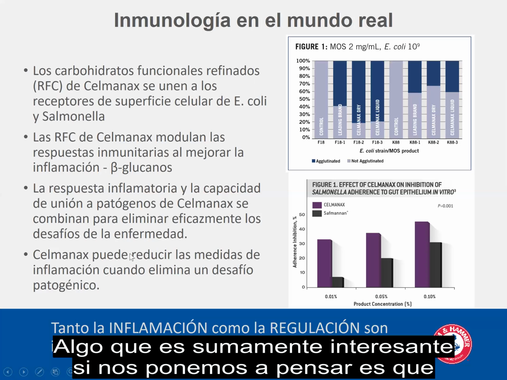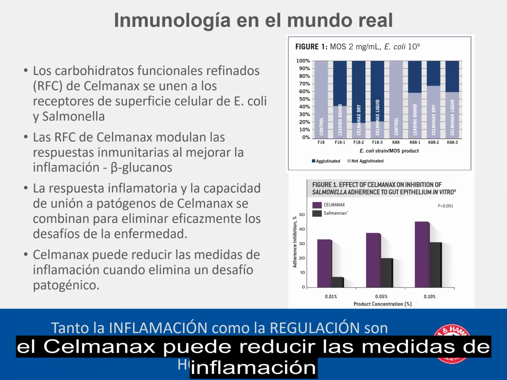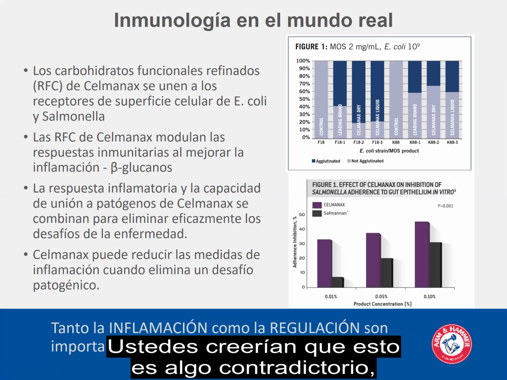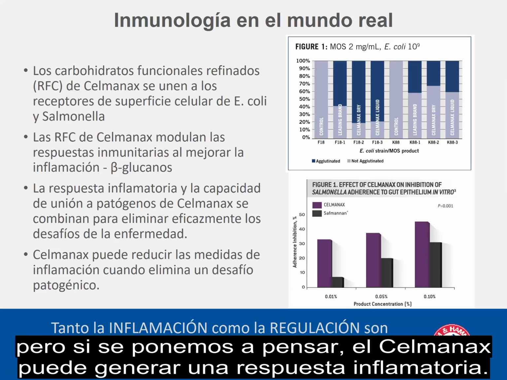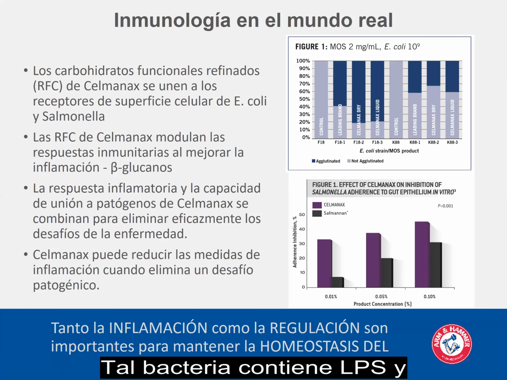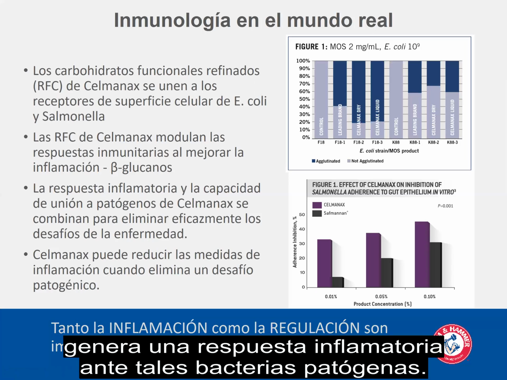And interesting now, one thing to think about though is certain measures of inflammation can actually appear to be reduced by Salmonax when Salmonax eliminates the pathogenic challenge. And you say, how can that be? That seems to contradict. But if you think, okay, by itself, Salmonax will elicit an inflammatory response. But let's say you have an E. coli challenge in your pigs, and that E. coli has LPS, and it brings up an inflammatory response to those pathogenic bacteria.